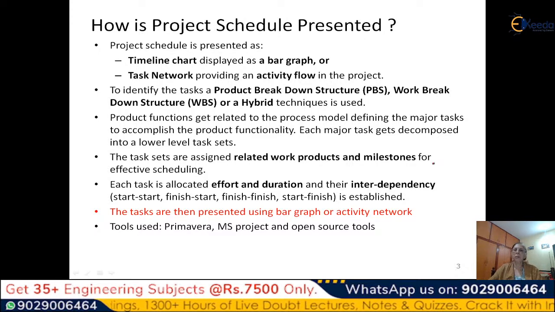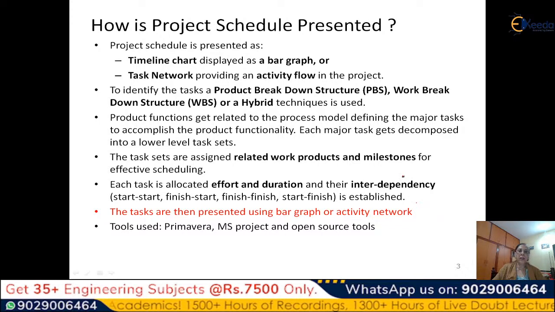It's a very simple graph in which you draw the timeline. On one side you will have the timeline, and on the other side you will have tasks. And the second one is called the task network or activity network, and it provides an activity flow in the project. So the activities are described in terms of a network.